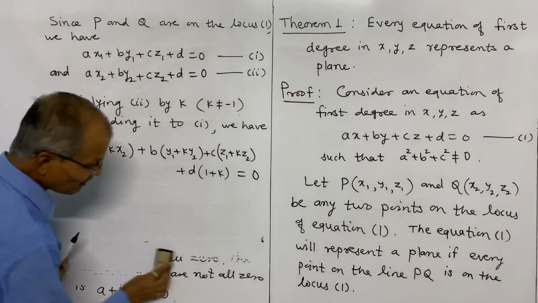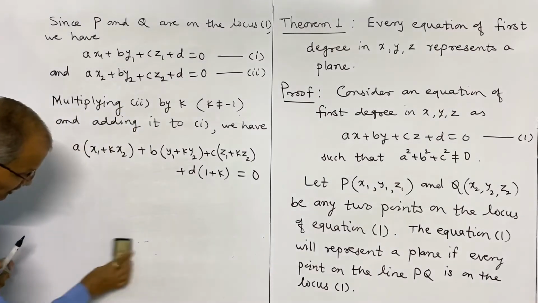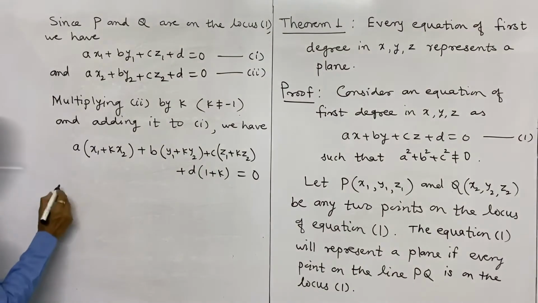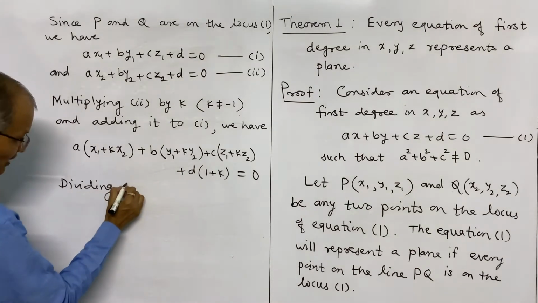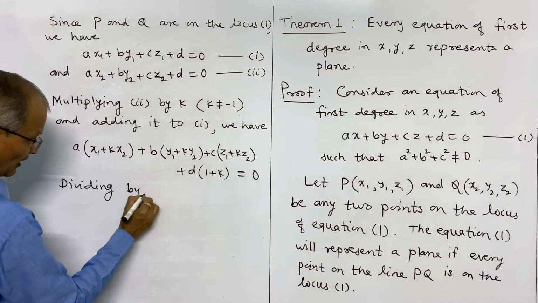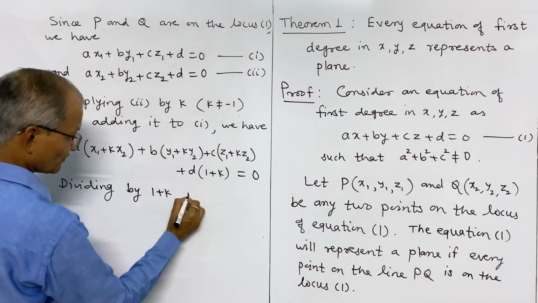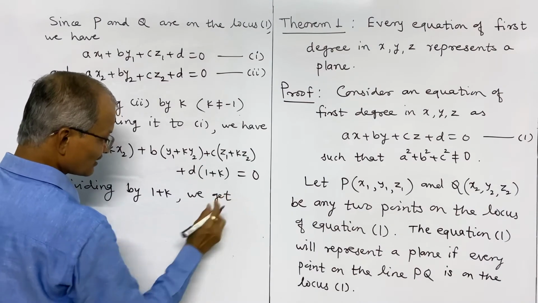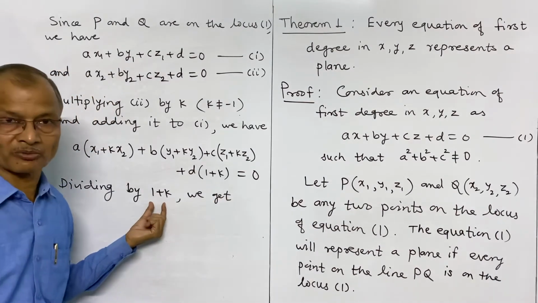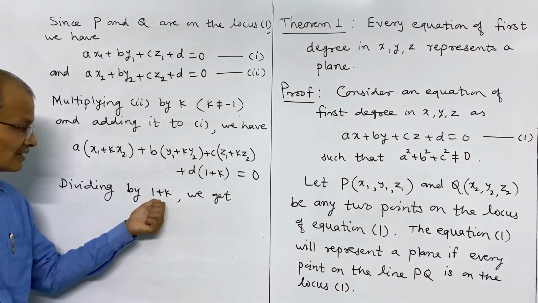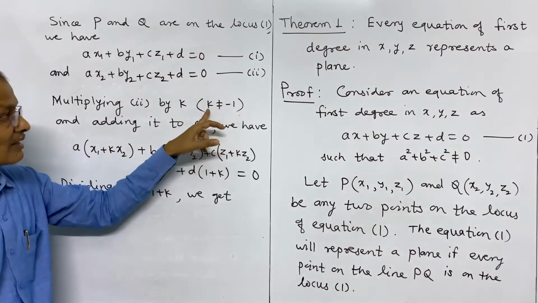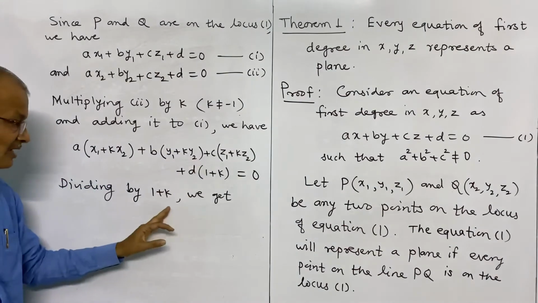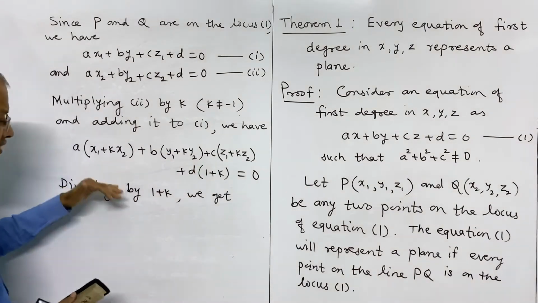Now we will divide by 1 plus k throughout. Dividing by 1 plus k, we get. Here it is necessary that this must not be 0. We can't divide by 0, and this is not 0 means k must not be minus 1. So that's why we have written here k is not equal to minus 1, and therefore we can divide this equation by 1 plus k.